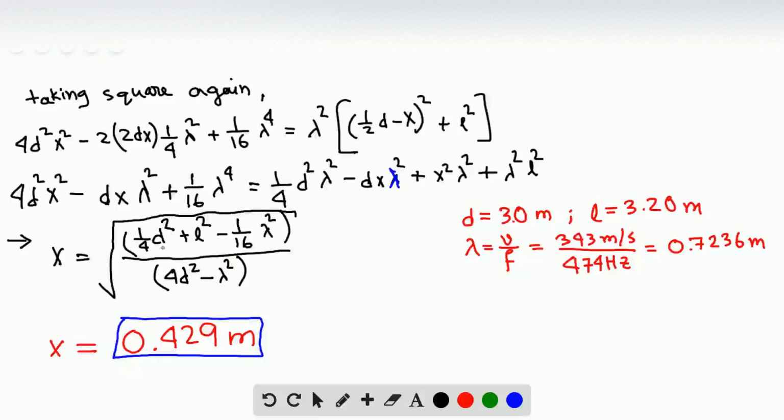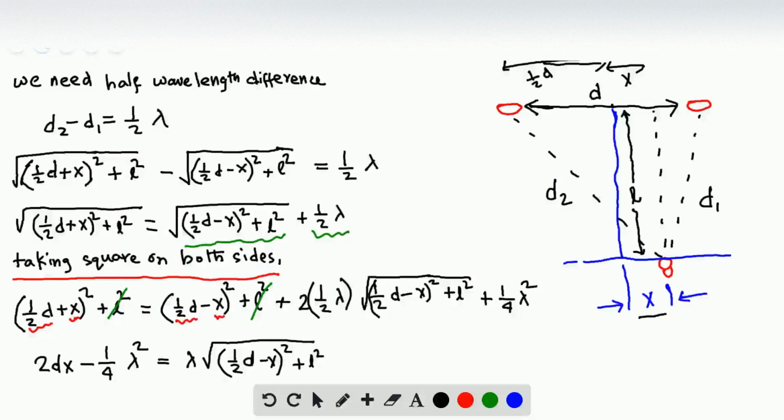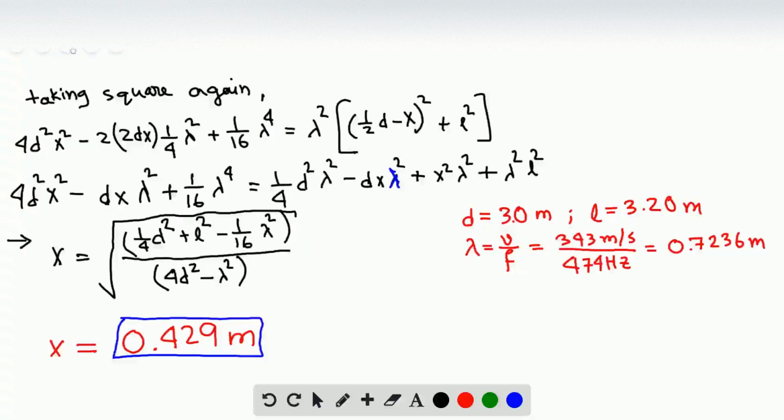Now let's put the values. So d is the distance between the speakers. So d is 3 meters. Then L is the distance from your microphone, our microphone, to the midpoint of the speaker, which is 3.2 meters.